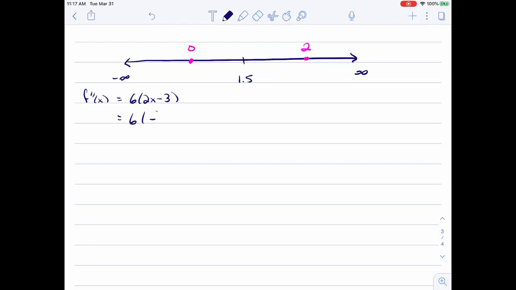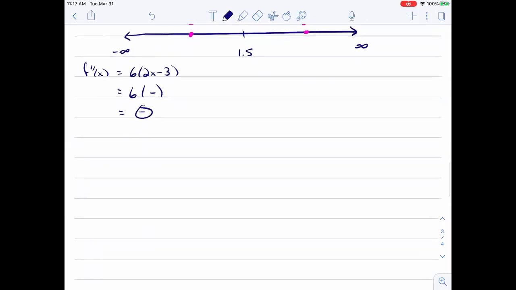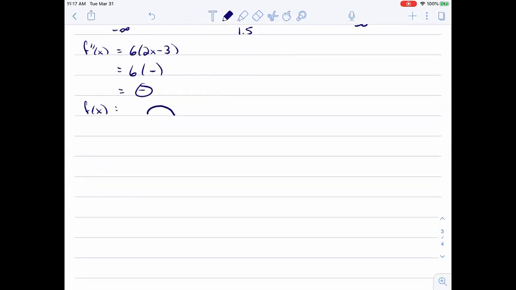So 0 minus 3 is negative, so I get a negative number overall. This tells me that f of x is concave down. Concave down if f double prime of x is less than 0, right? So if it's negative.